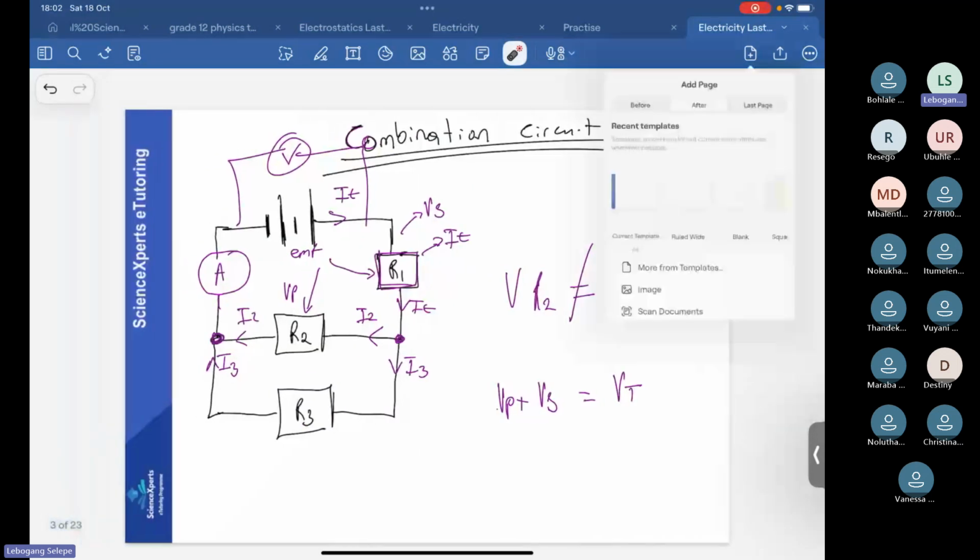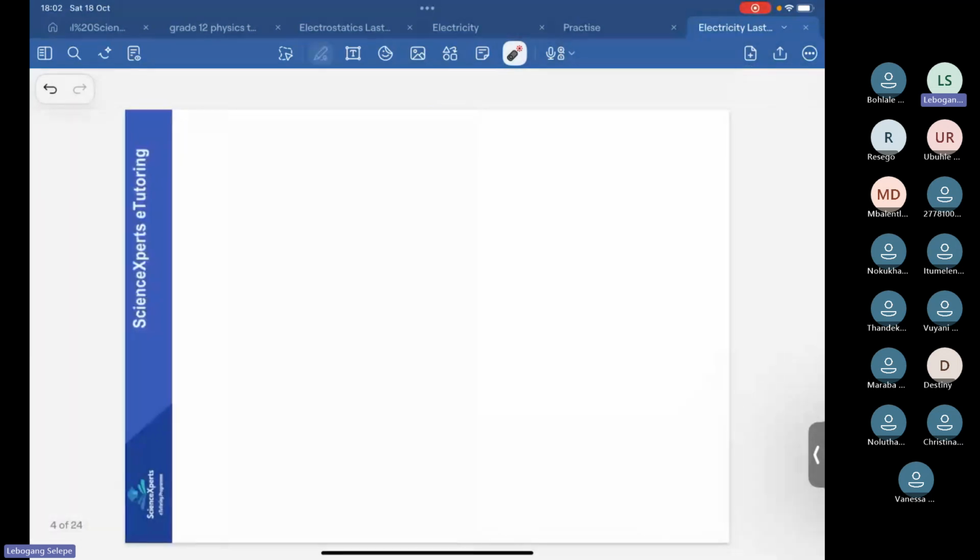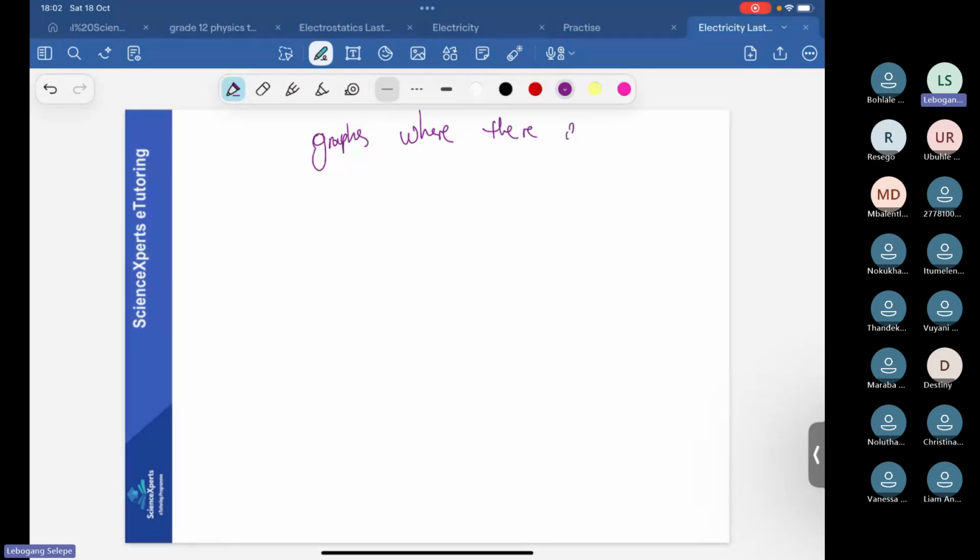You'd have graphs. You see this one, there is no internal resistance yet, right?